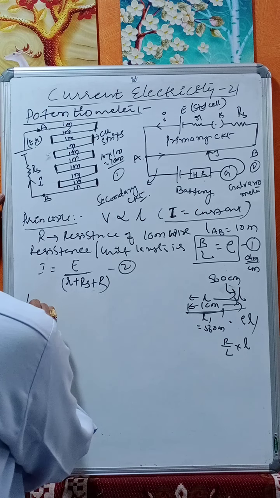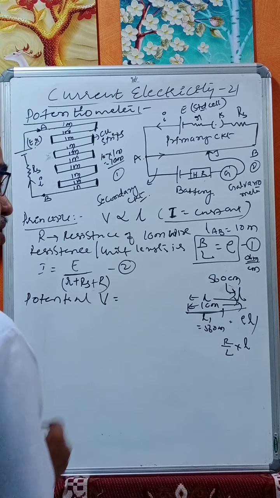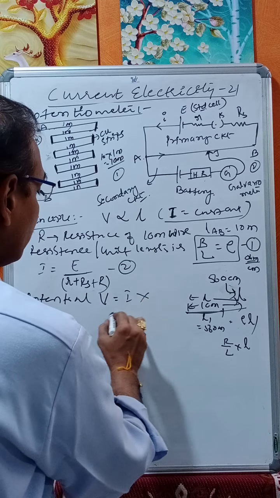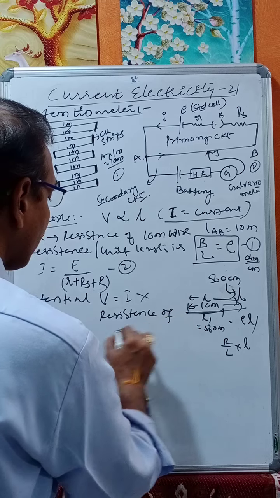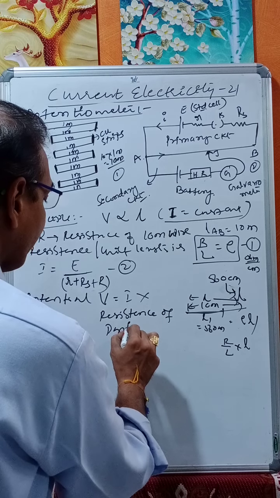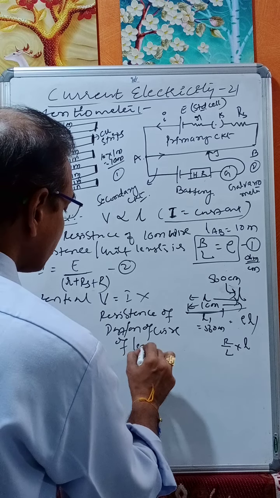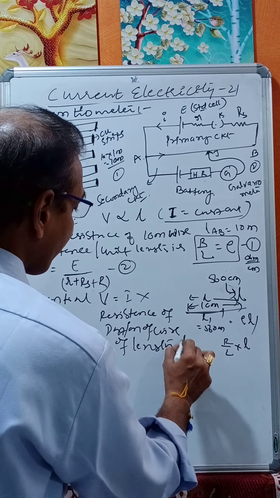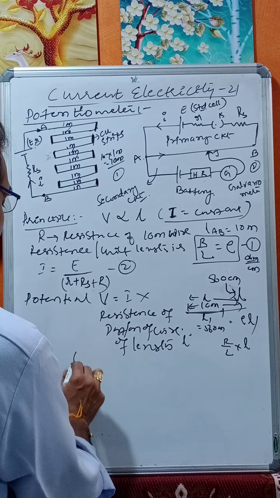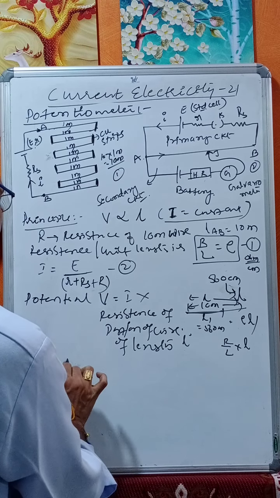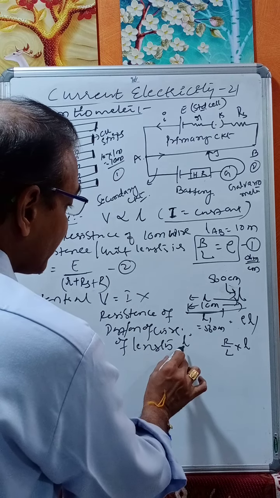Then what is the potential difference? Potential difference V is equals to current into resistance of that portion of the wire of length l. This implies V is equals to I into the resistance of the portion of the wire of length l.